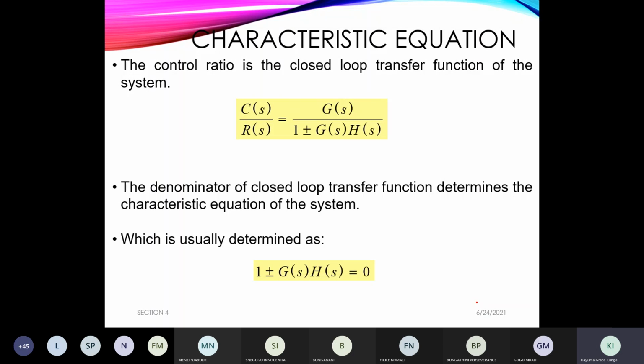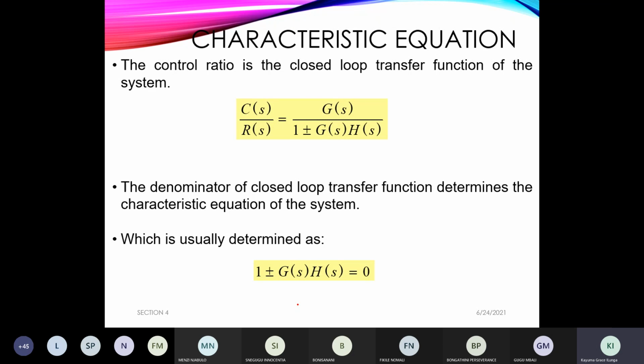As we all know, the transfer function is the ratio, or the relationship, of the output over the input. So we can write the transfer function in this term: C of S over R of S is equal to G for the feedback system. Then in the feedback system, the denominator of the transfer function is called the characteristic equation.